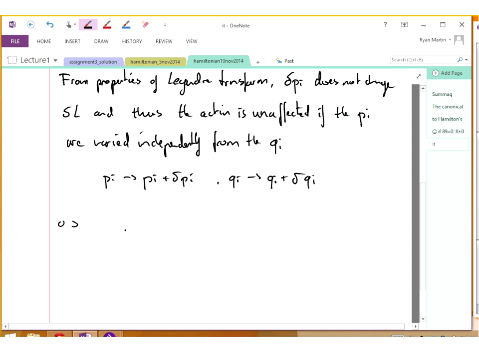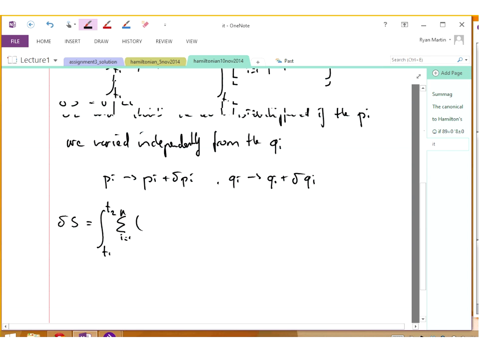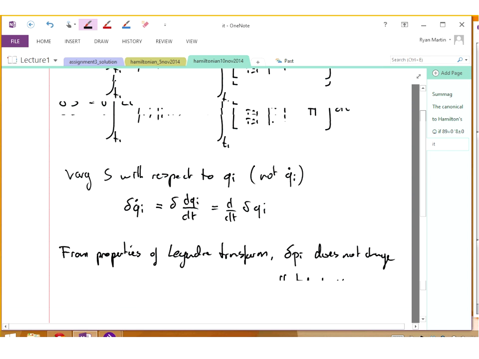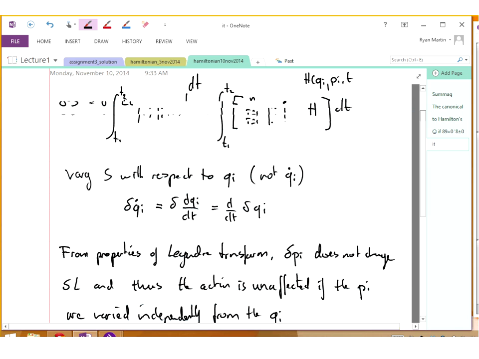So if we calculate the variation of the action, we get delta S is equal to the integral from T1 to T2. Now the first term, so it's the sum of i equals 1 to N. So the first term up here, right, was Pi Qi dot, right? So I'm just rewriting this integral.